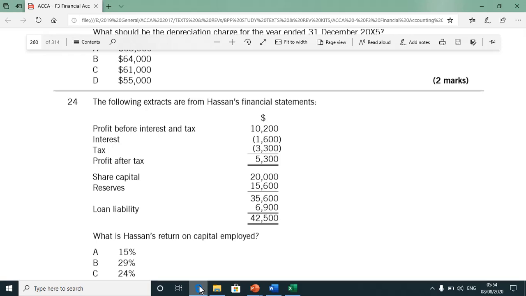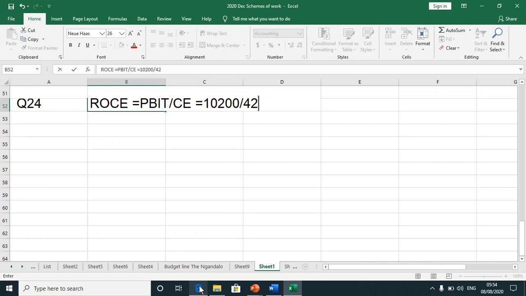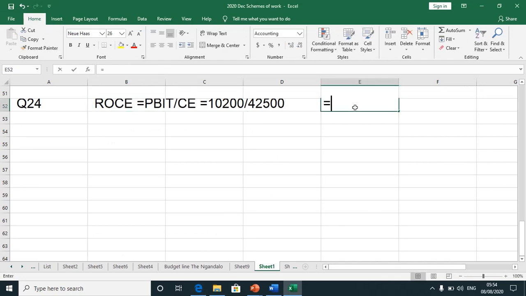Equity means share capital plus reserves plus any long-term liability, which is 42.5. So when you do the maths, you will discover that you're running with the following.